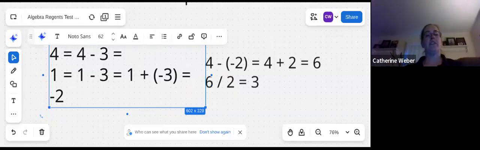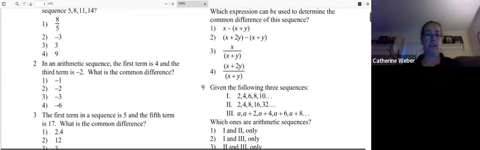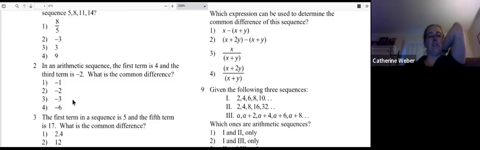So our common difference here is negative 3 or minus 3, and the middle value would be 1. So going back to the question, the common difference would be choice 3, negative 3.